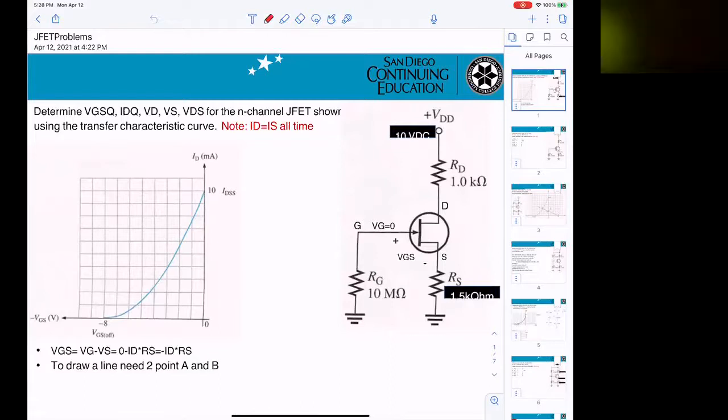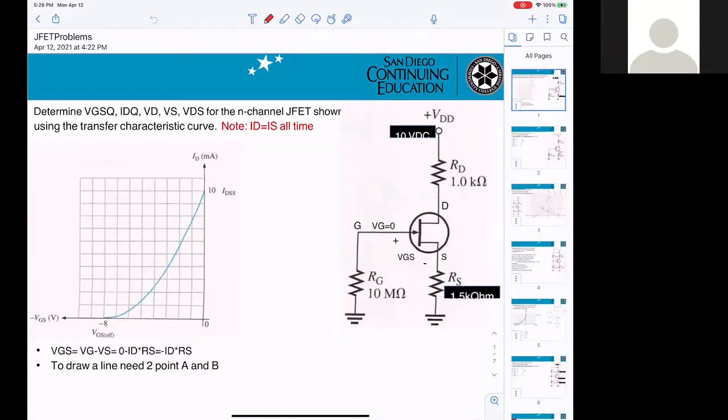I'll let you correct me. I went on the IDSS line, 1, 2, 3, 4 units up and then 3 units over, and it crosses the line right there. Why did you choose those numbers? Because that was a nice, smooth point where it intersects almost in the middle.